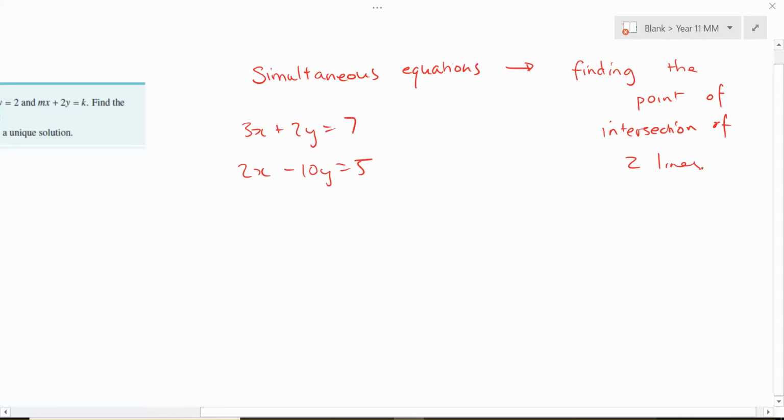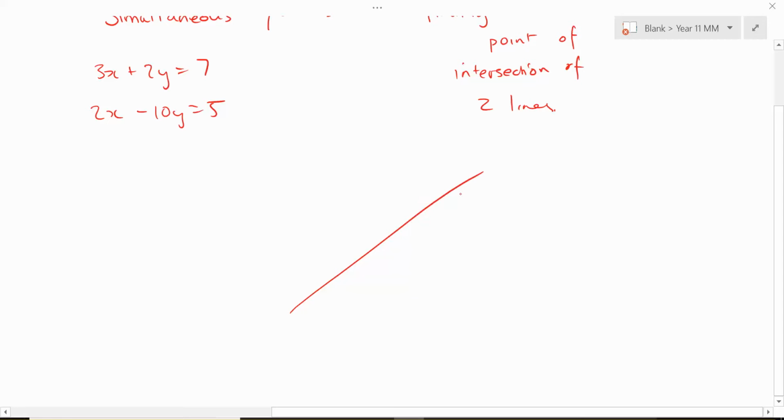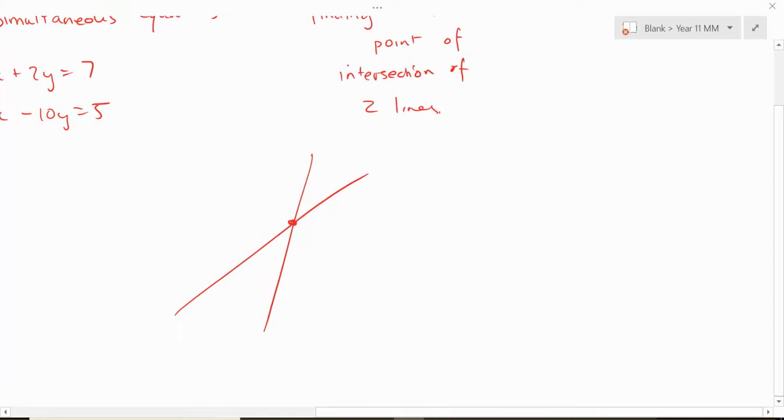Okay? So that means that if it's a point of intersection of two lines, two straight lines can only have three scenarios. You either have two lines with a different gradient, and they intersect once, so you get a unique solution, or you get two lines that are parallel, meaning they have the same gradient, but obviously a different y-axis intercept.